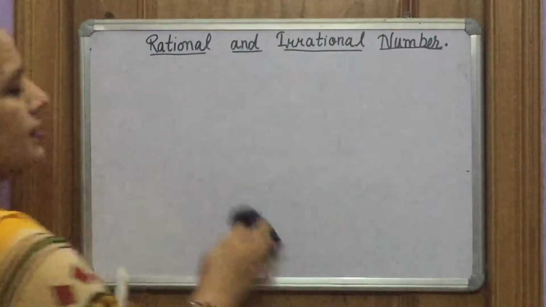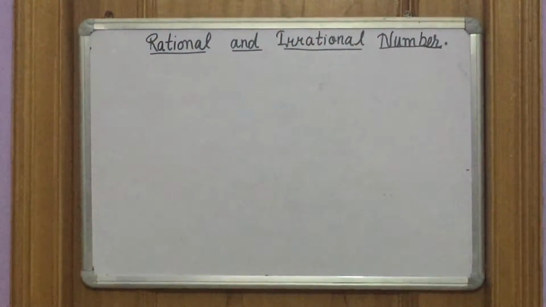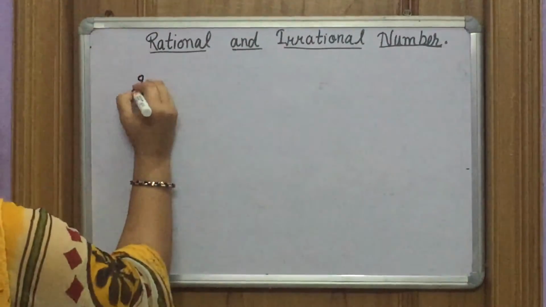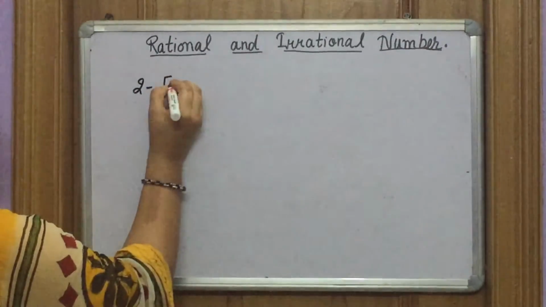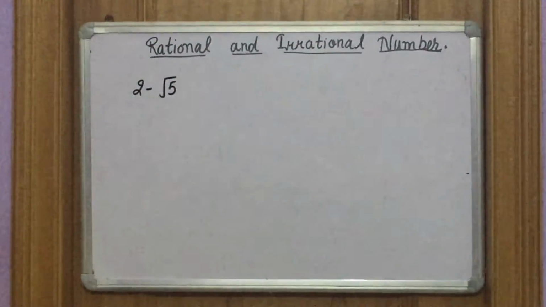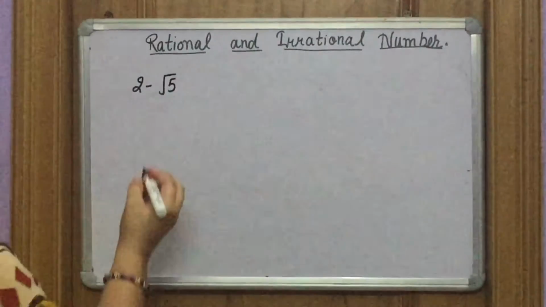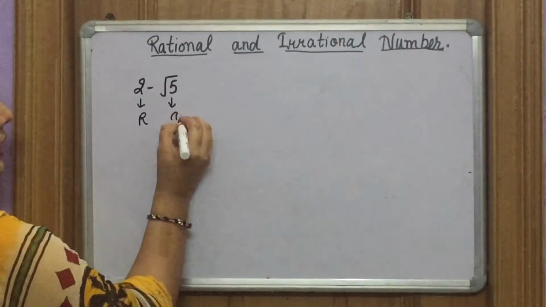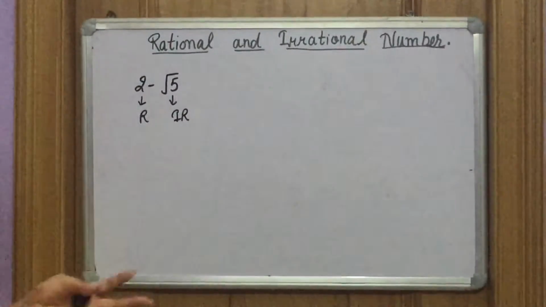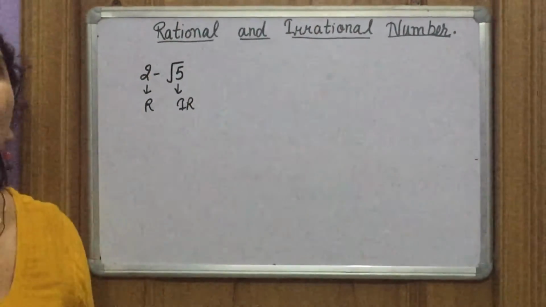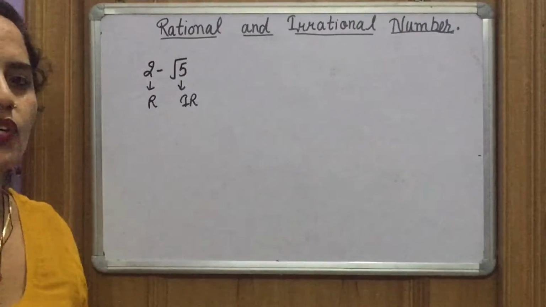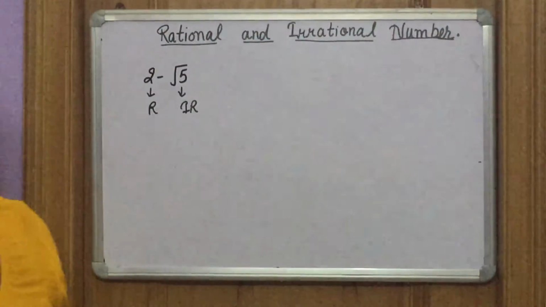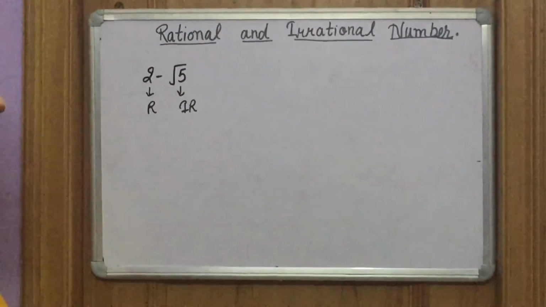First question, first part: check whether 2 and square root of 5 are rational or irrational. We can say that this is a rational number and this is an irrational number. And what is the reason behind this, that square root of 5 is irrational? Because we know the square root of a prime number is always irrational.